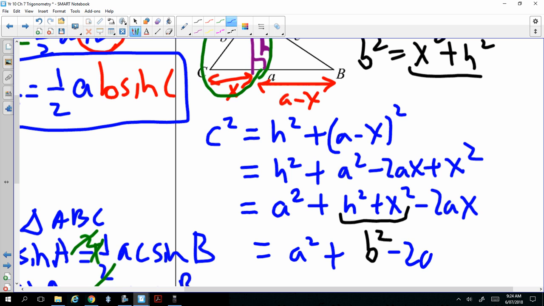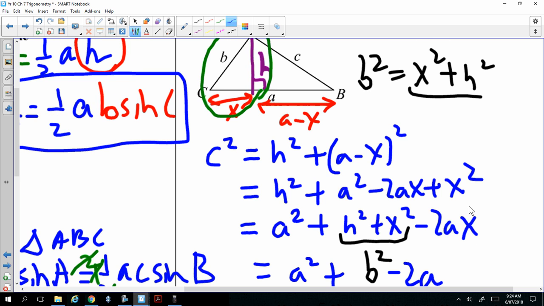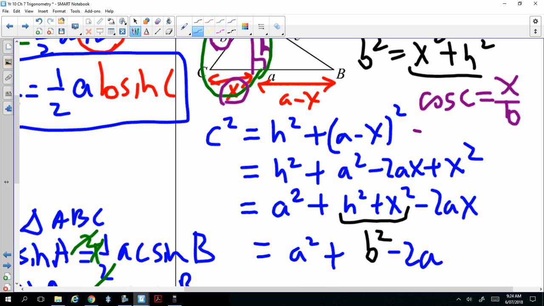We get rid of the x by looking at the same triangle again. In the same triangle, I could go cos c equal to adjacent over hypotenuse. So therefore x equal to b cos c. That will help you to replace this x by b cos c. And that's your cosine rule.